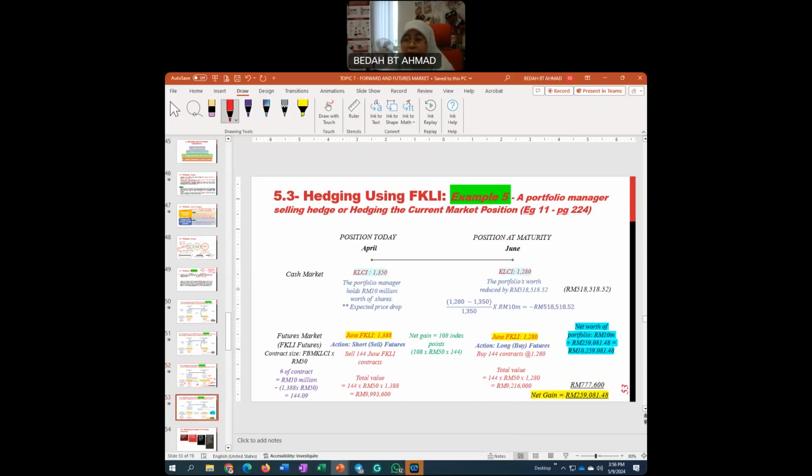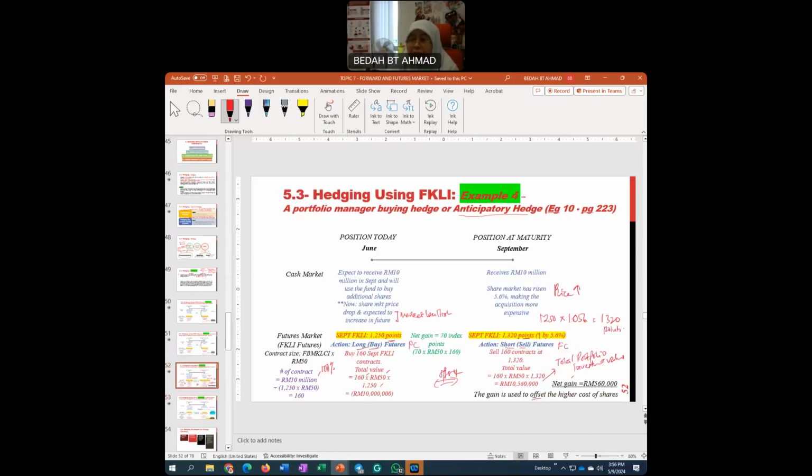Okay, so now if the portfolio manager is hedging using FKLI when selling hedge, or hedging the current market position. The previous one was anticipatory hedge, where the portfolio manager expects to receive funds in the future.